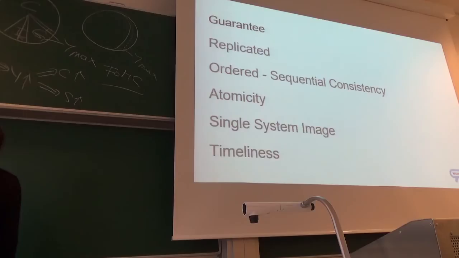The data you're writing in a ZooKeeper cluster is ordered, so it's called sequential consistency. If I'm writing something in it, and after that I'm writing something in it, it is guaranteed that this order is maintained. So it cannot be that the first action I write in there is somehow overwriting the second one.